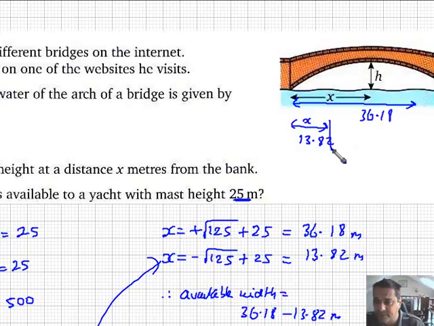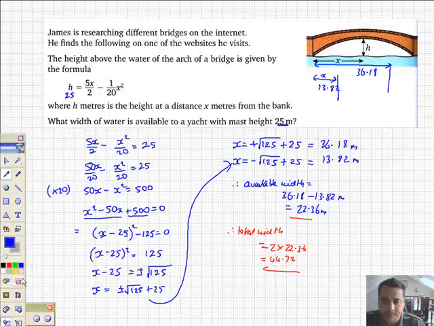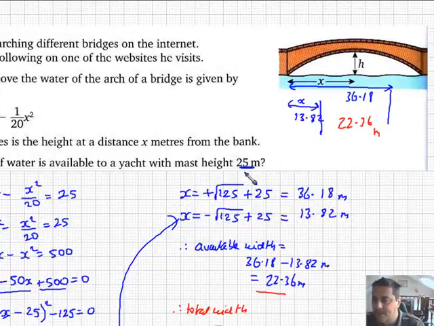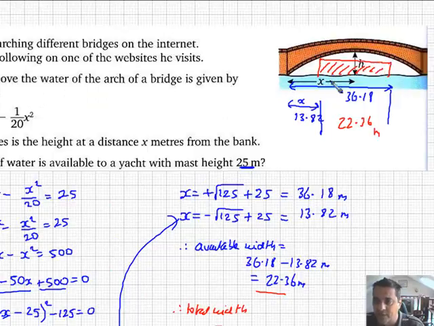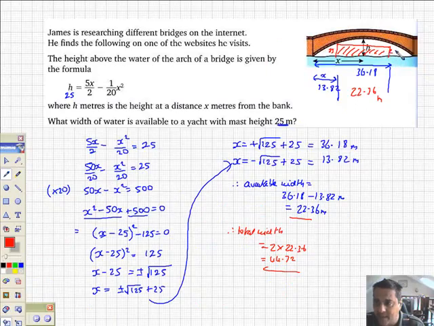Therefore my difference between that one and that one is going to be my 22.36 meters. So my height of 25 can sit between there and there. This is the region within which I can actually sail. If I go too far to the left, I'm going to smash it. If I go too far to the right, I'm going to smash it. And these heights are my 25 there and there, and it is not necessarily the height of the bridge.